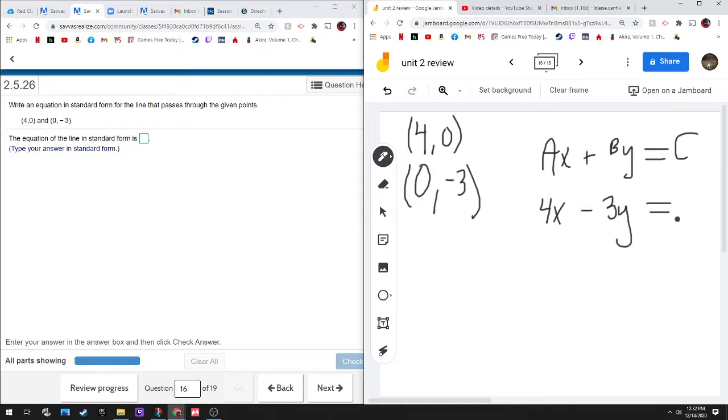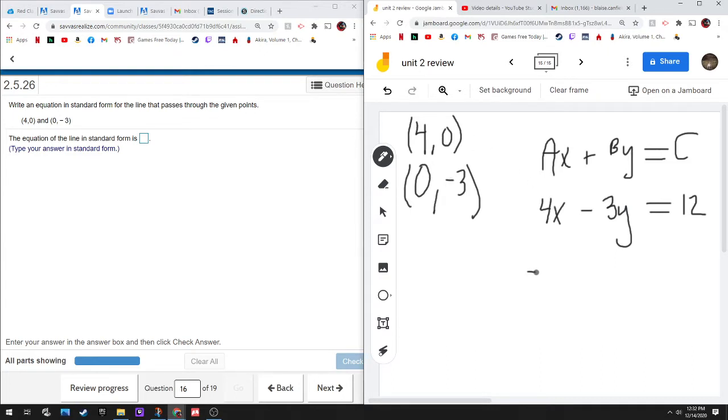Then we just have to figure out what's going to go here. Well, these both go into 12, right? So would 12 make sense over here? Let's see what happens. Make y 0. Oh no, when I make y 0, this is 4 goes into 12 3 times. It actually switches them around.